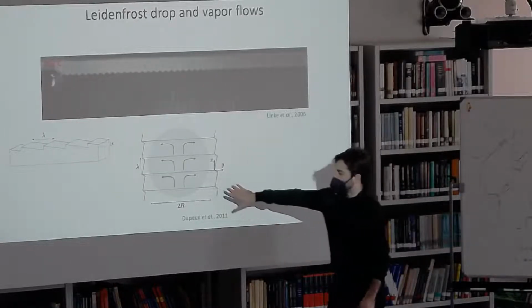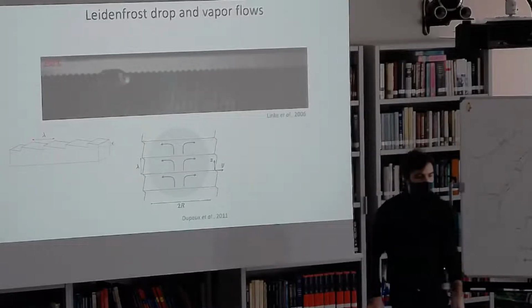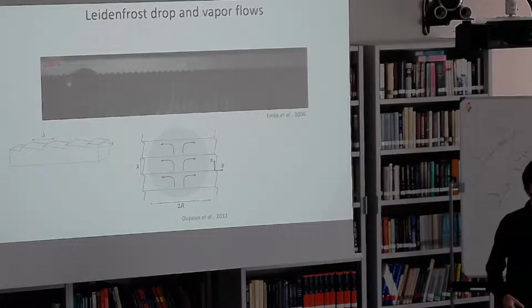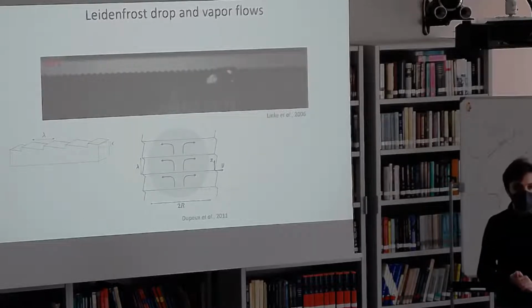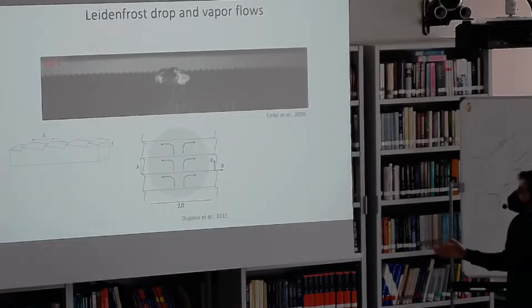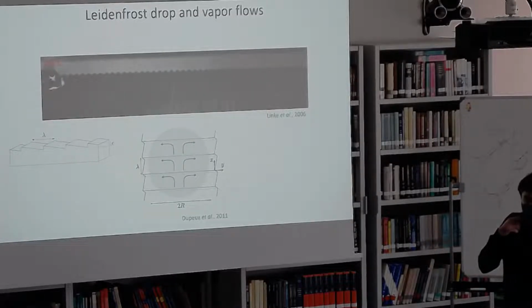And that's the kind of sketch you have here. And as vapor is redirected by the millimetric texture, it entrains the droplet by viscosity. So that's one of the remarkable properties of Leidenfrost drops, in the sense that they are mobile and you can redirect them. And that's something which has interest for driving droplets in a particular direction in microfluidics, typically.